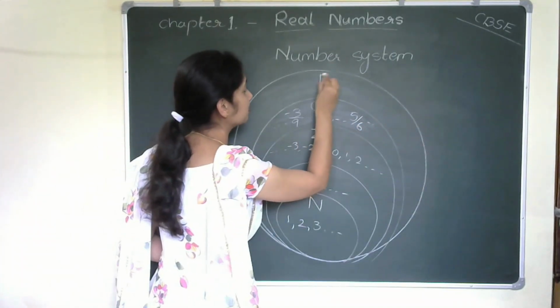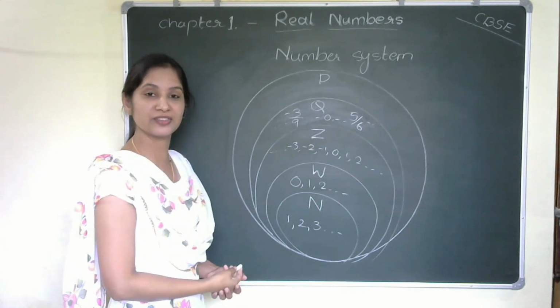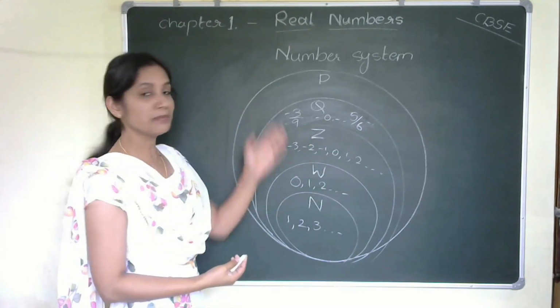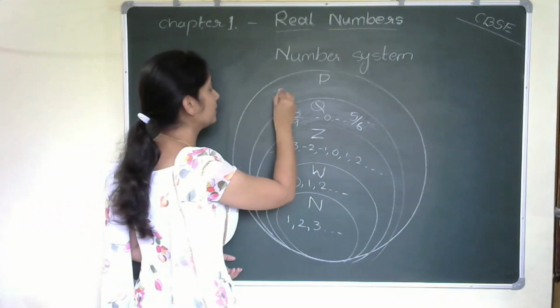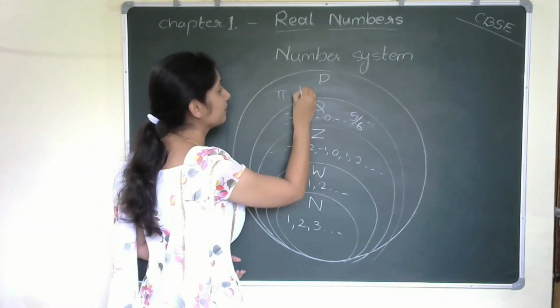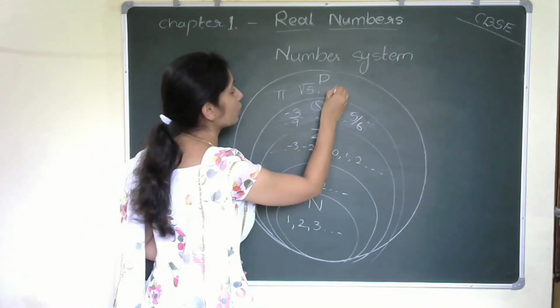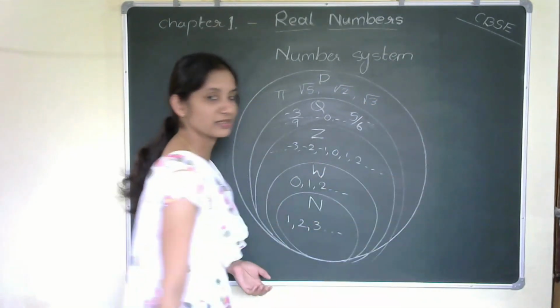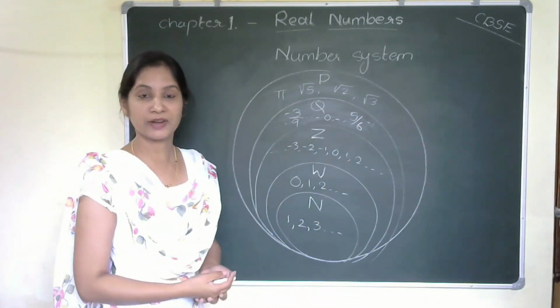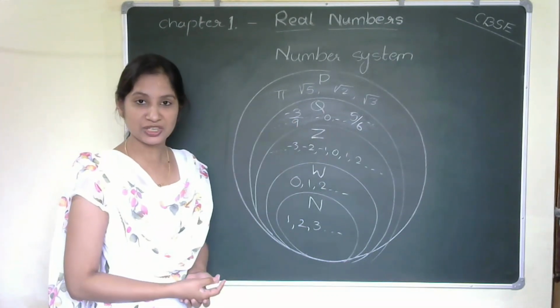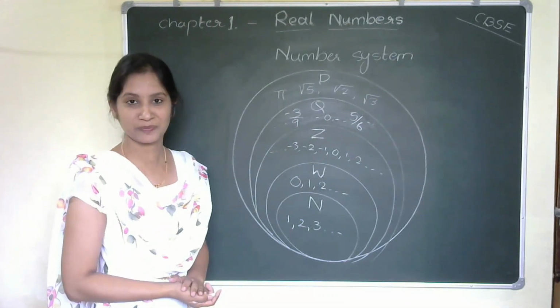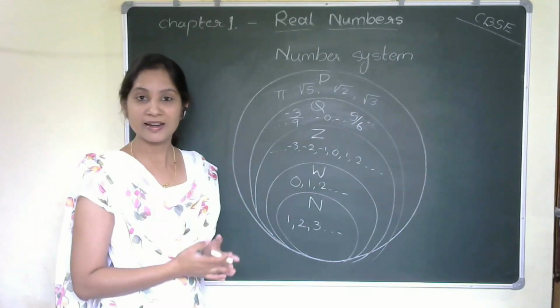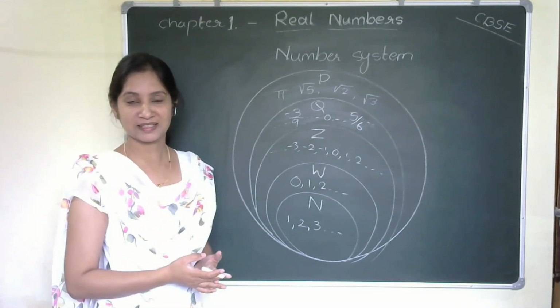We denote it as P, that you have learnt in grade 9. A few examples are pi, √5, √2, √3. These are all irrational numbers. But how will you find out which one is rational or which one is irrational? That we are going to learn now with a few examples.